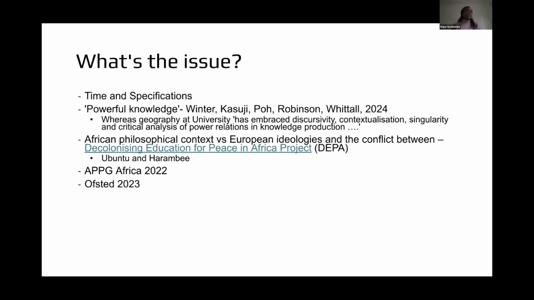Looking through old textbooks, even from 10 years ago, it's so outdated. And so we need to make sure that we are teaching that well.